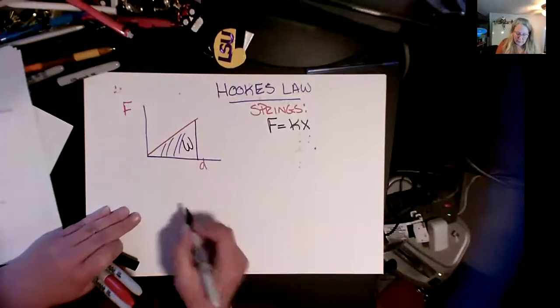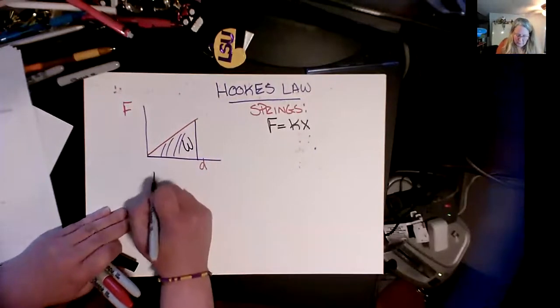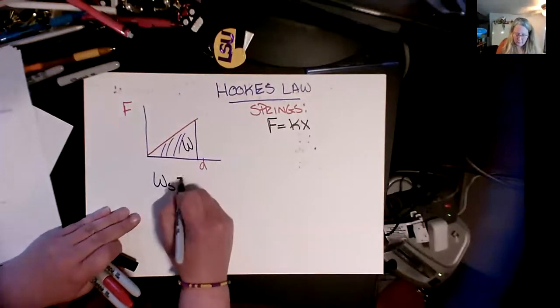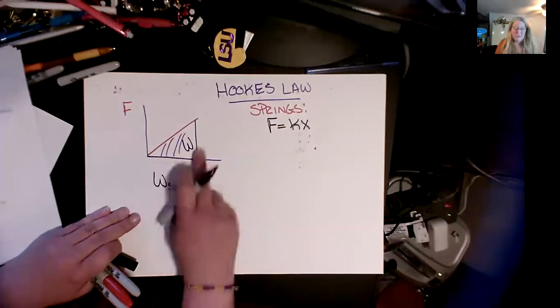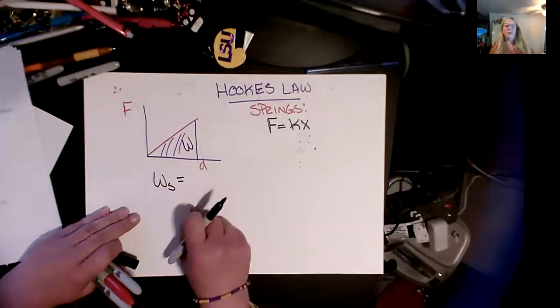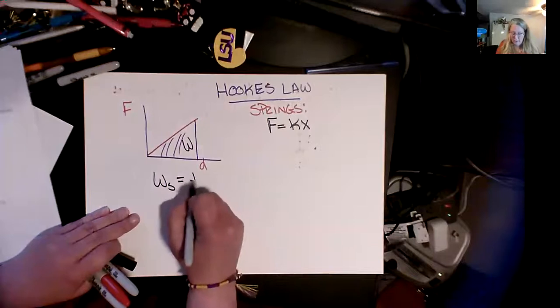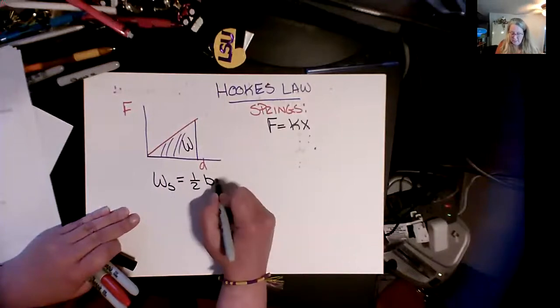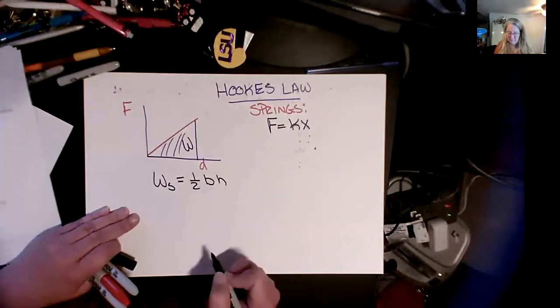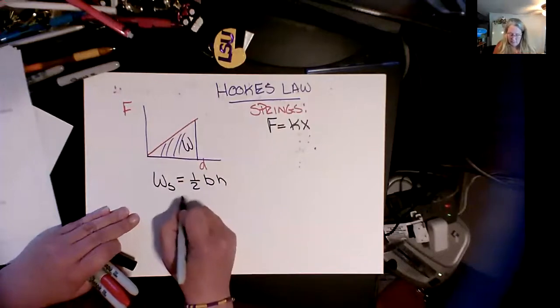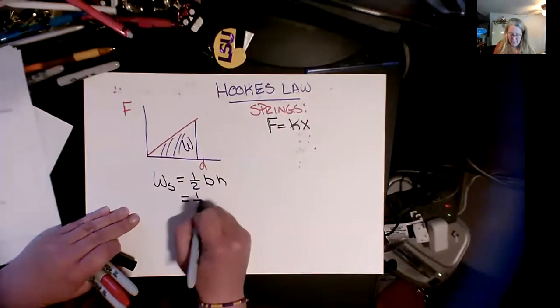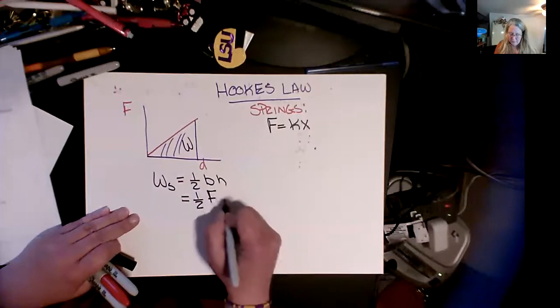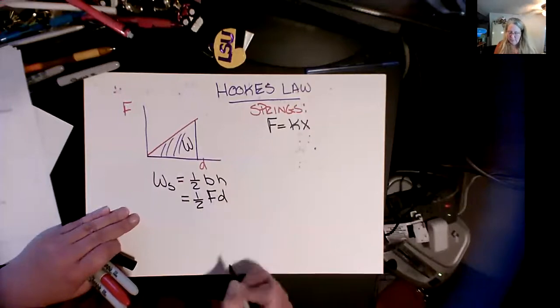So let's take a look at what that is here. For a spring, the work is a triangle. So the area of a triangle is 1/2 base times height. So 1/2 force times displacement.